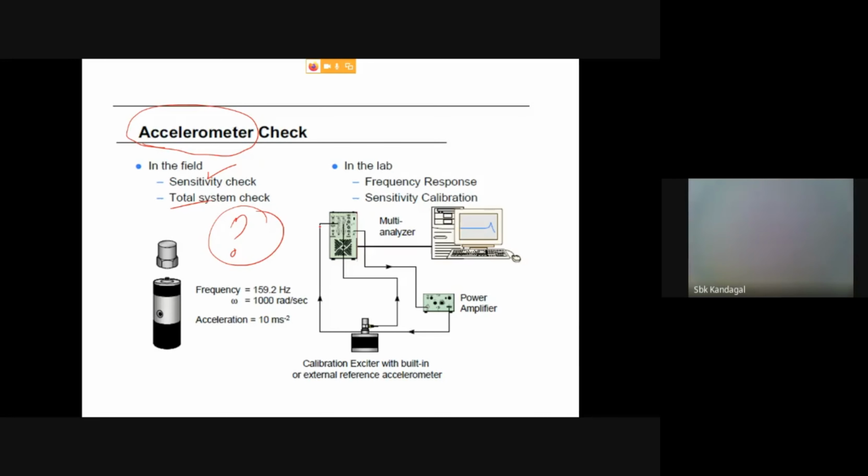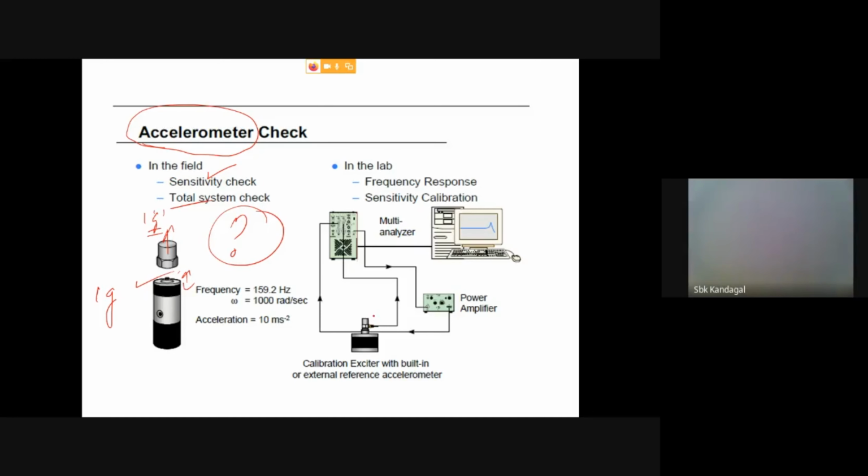Both things you have to check: in terms of sensitivity, and in terms of the frequency response also. For that you have handheld calibrators, which will tell you, suppose I give 1G, this is a small exciter, so I should be able to get 1G output. That is the check. Another one is back-to-back calibration on an electrodynamic shaker.